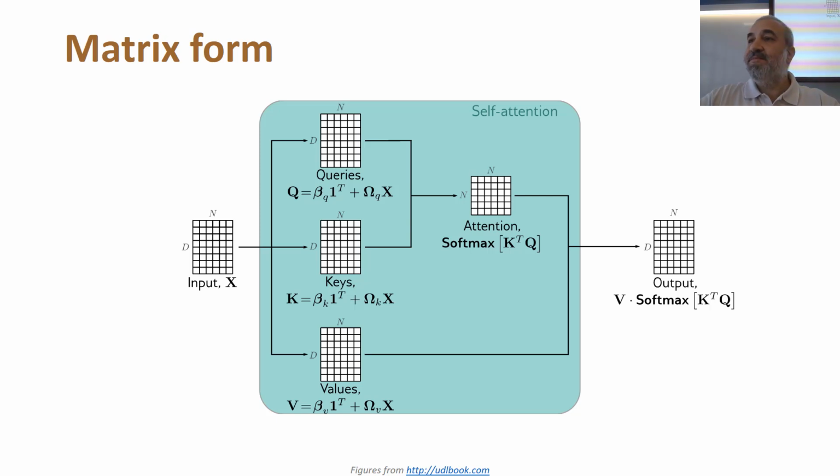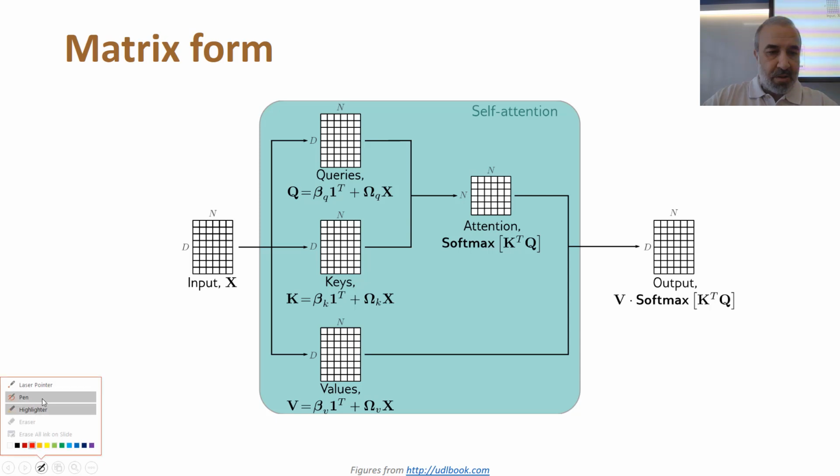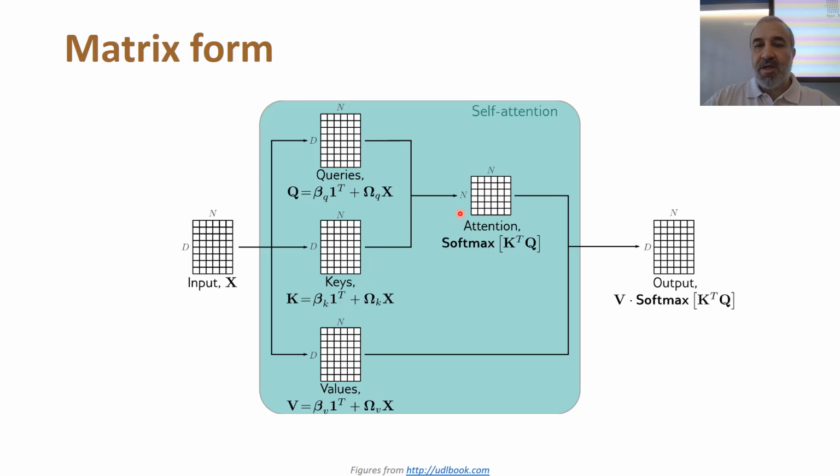What did we cover so far? Self-attention. We compute dot products between queries and keys, as you see in this figure. We saw this figure before, right? We do the dot products between queries and keys to get the self-attention weights after, of course, doing the softmax.